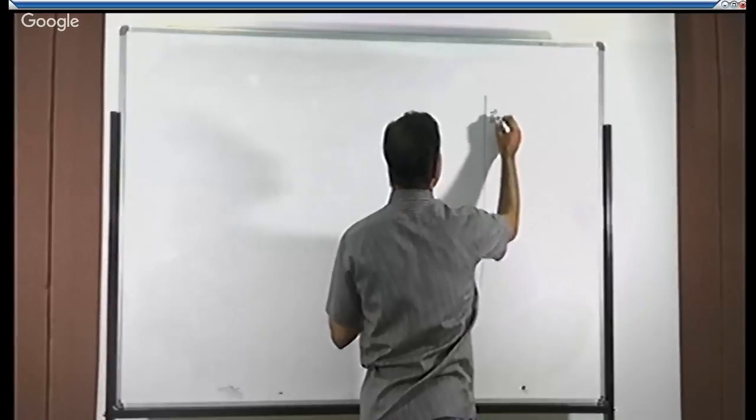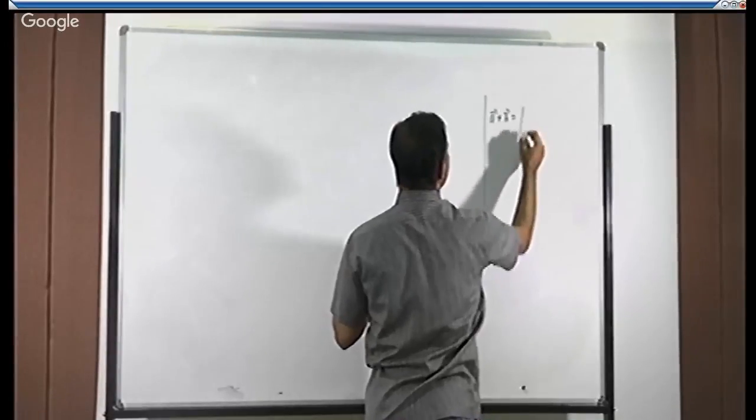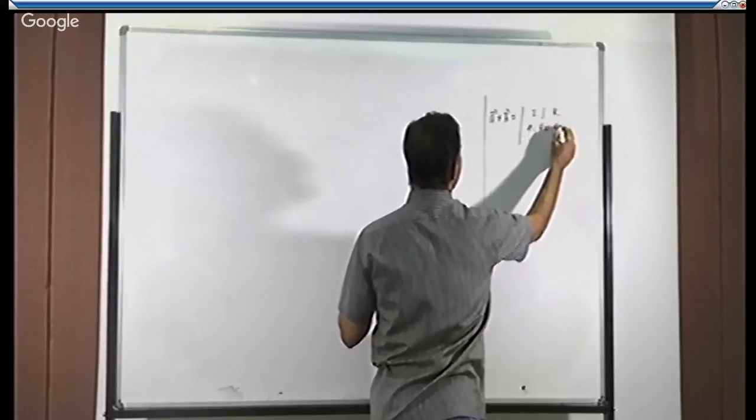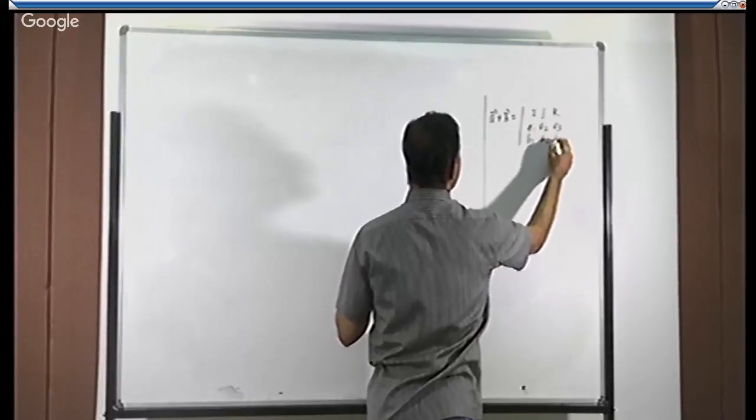See, A cross B is equal to the determinant with rows i, j, k; A1, A2, A3; B1, B2, B3.